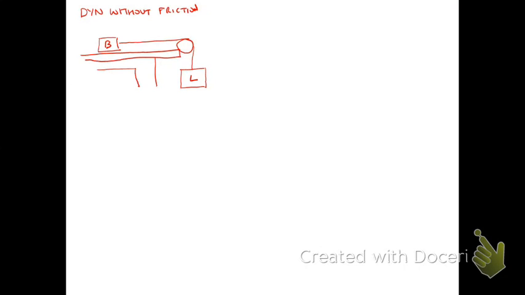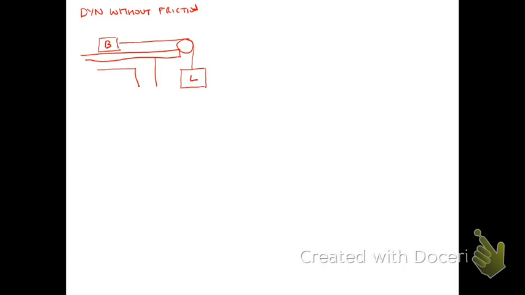Let's think conceptually. If I let that system go, remember this is a smooth table. It's like a bin on ice. It's better than a bin on ice actually. If I let that system go, what will happen to it? Will it move? Will it stay still?